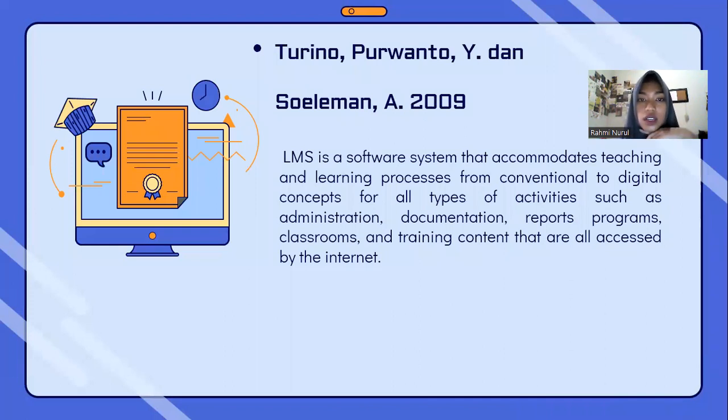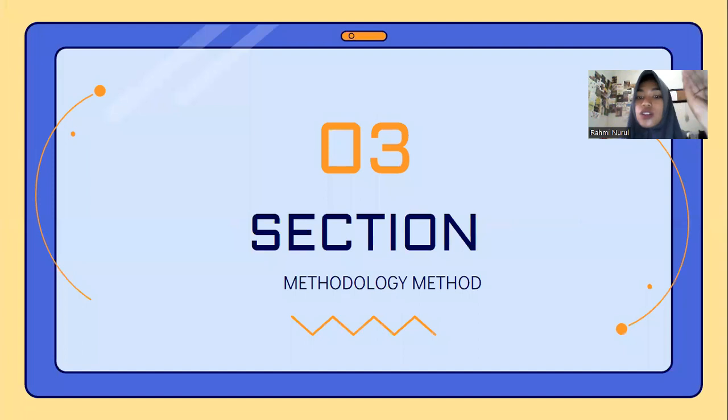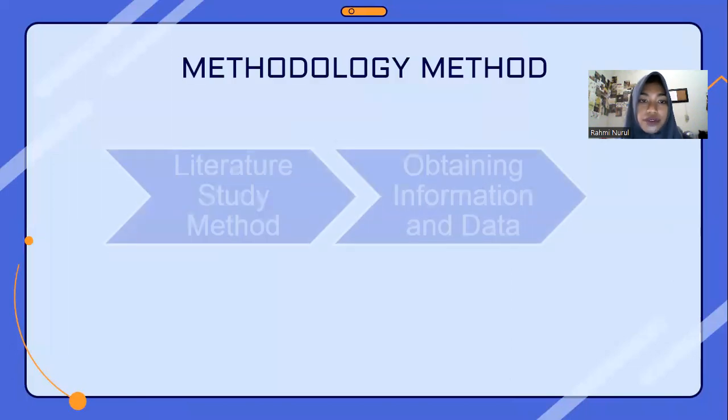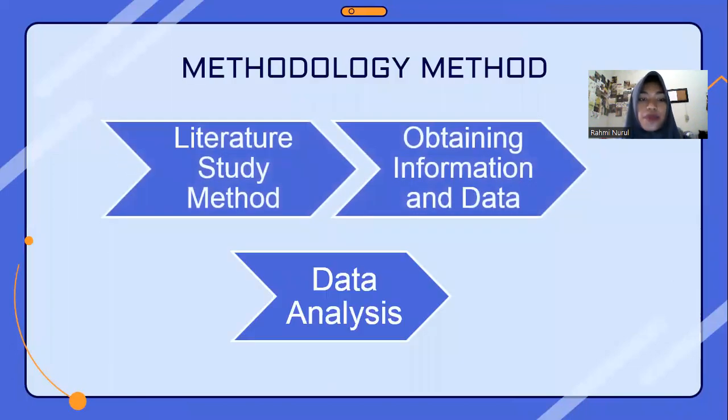Okay, next we're going to talk about the methodology. In the methodology, the method used in this research is the literature study method, by obtaining information and data from various sources.